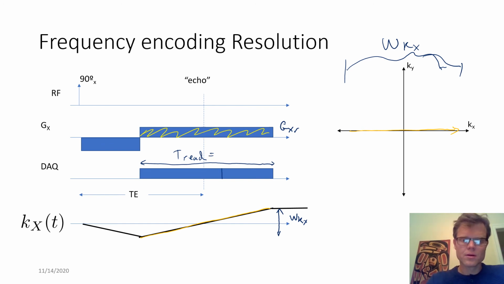The other way you can put that is you could say, well, here this is the sample spacing, delta ts, it's that sample spacing times NFE, which is the number of frequency encoding points or number of frequency encoding samples.